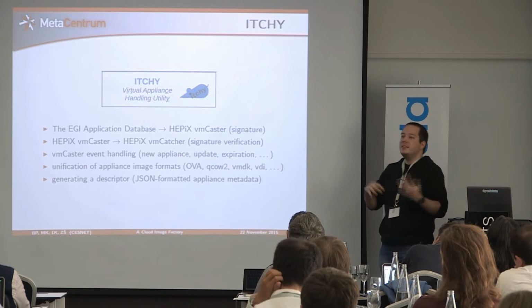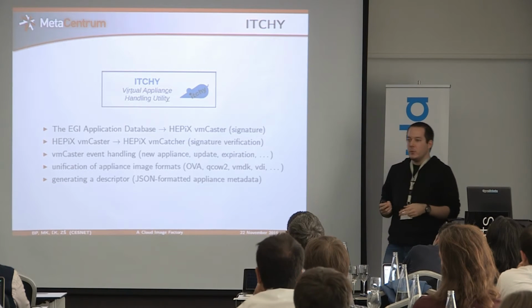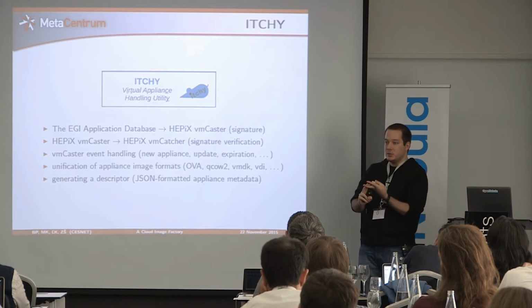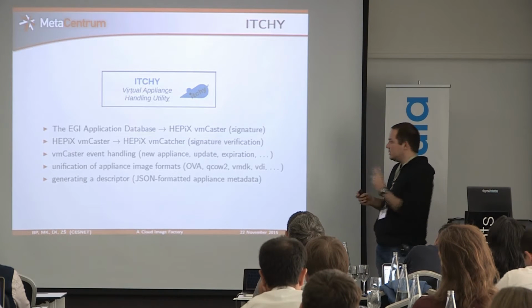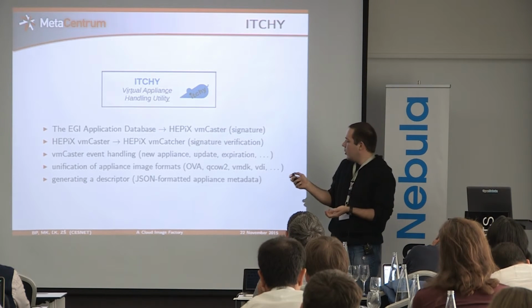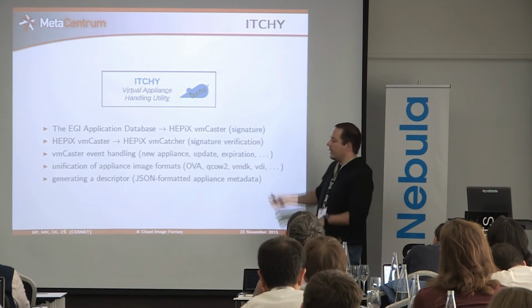There are many different event types. The most important ones are new image or image update, and expired image or remove image. So these two are currently handled, and we rely on VMcatcher to do the hard work.